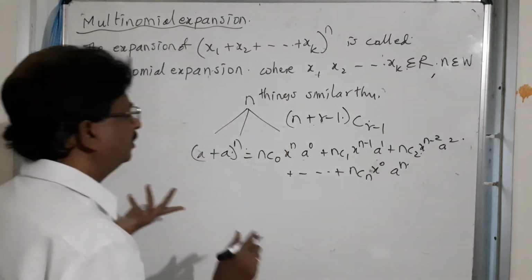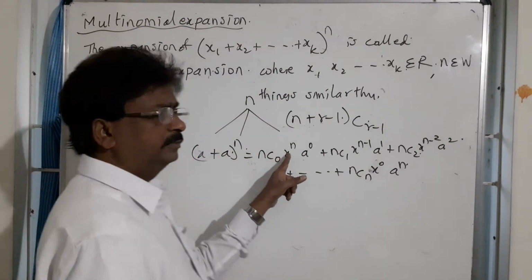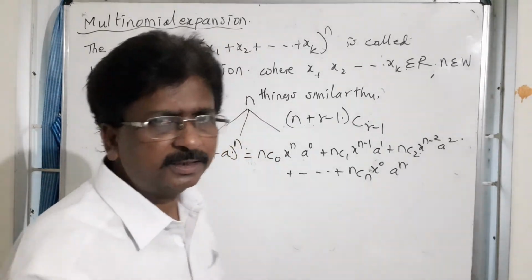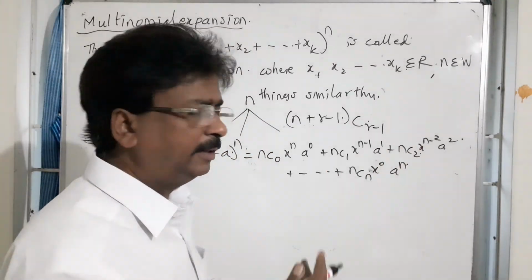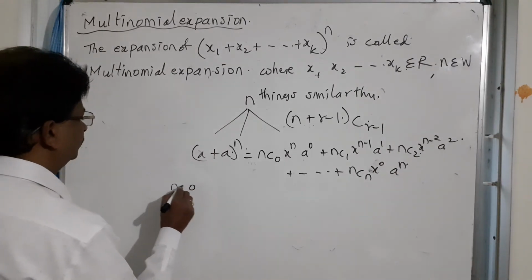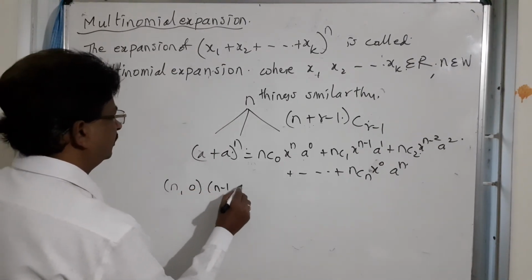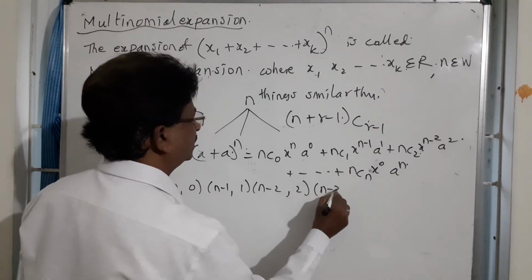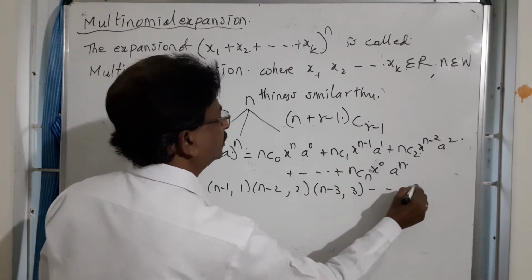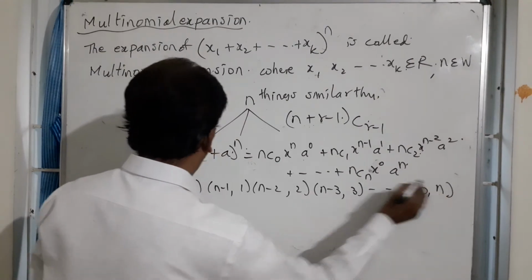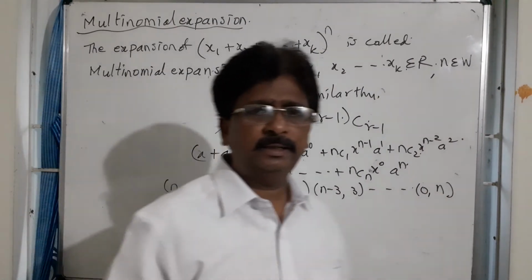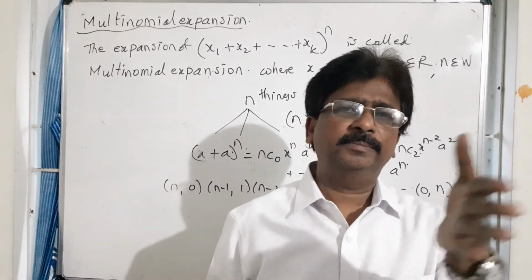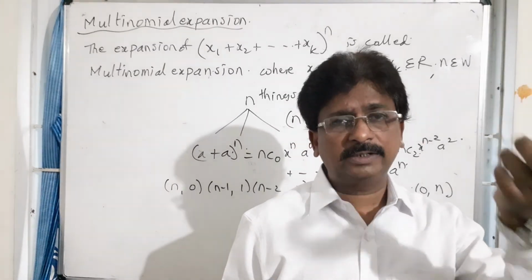So we can give all the n similar things to x and a like this. There are so many cases: (n, 0), (n minus 1, 1), (n minus 2, 2), (n minus 3, 3), and so on, (0, n). Now the first place represents the number of things given to x, and the second place represents the number of things given to a. Let us assume like that.